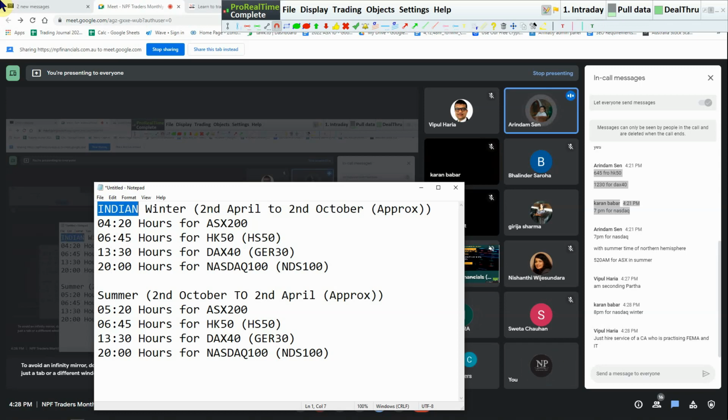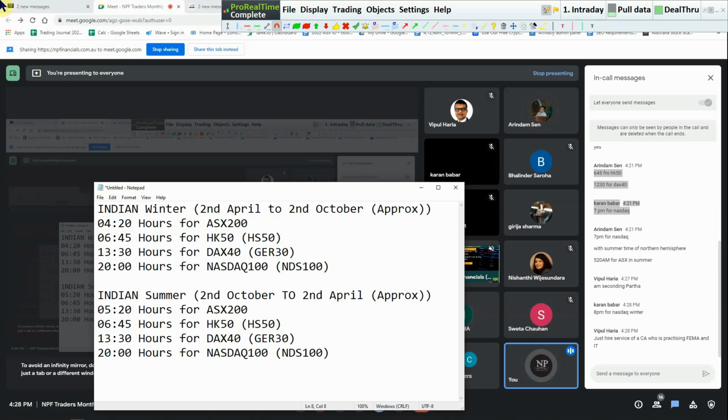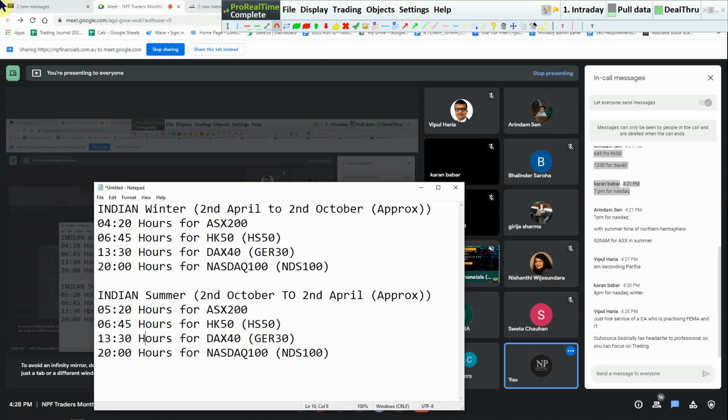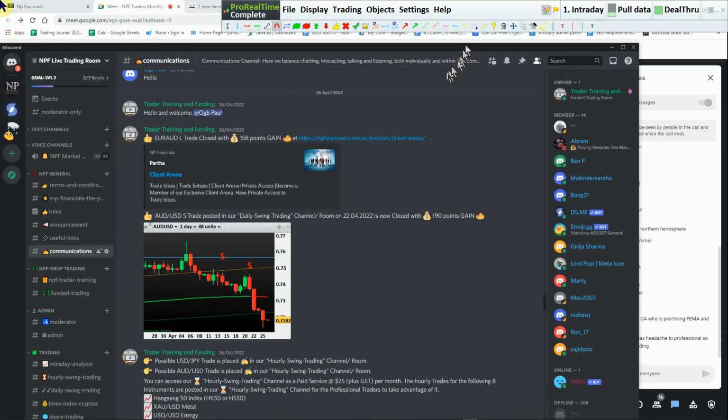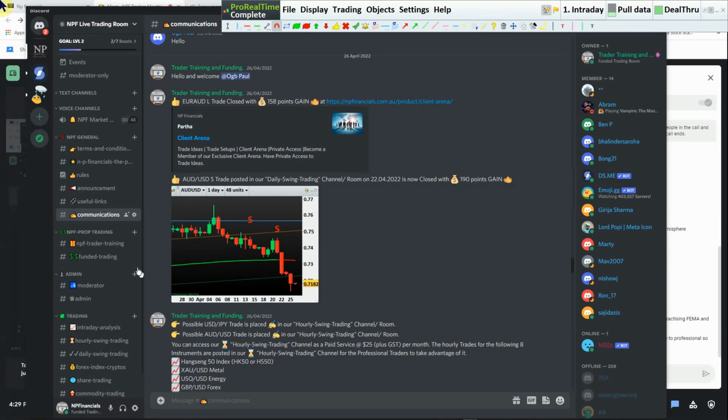Indian summer: 5:20, 6:45, 12:30, and 19:00. There is a little trickiness. Australian summer-winter change and the European summer-winter change dates are not exactly the same as North America. There is a 1 week, 2 week difference here and there.